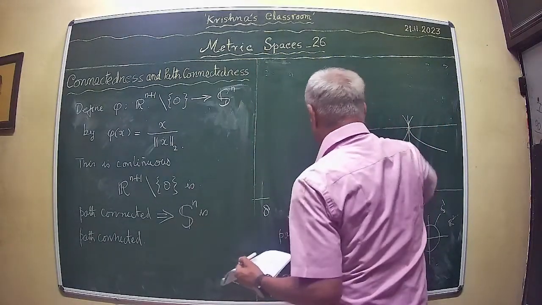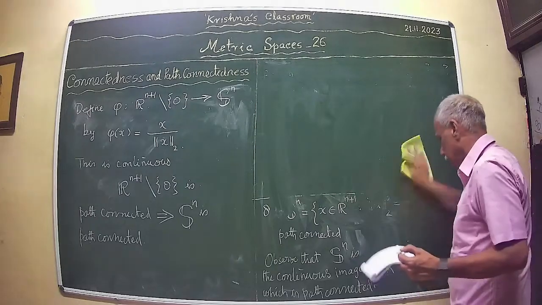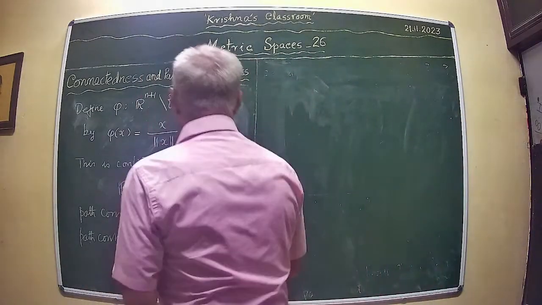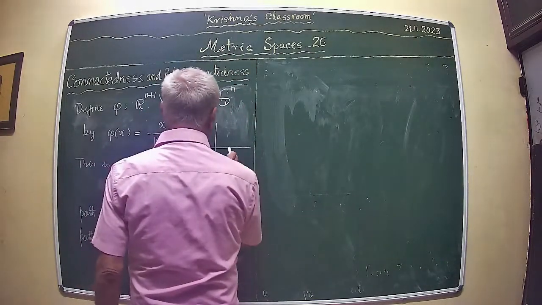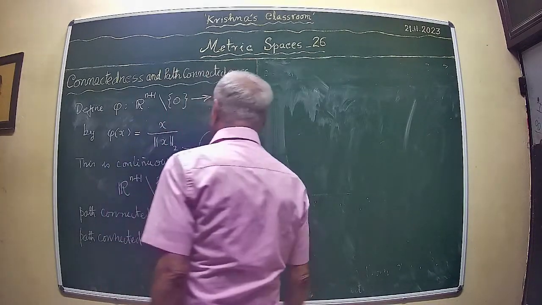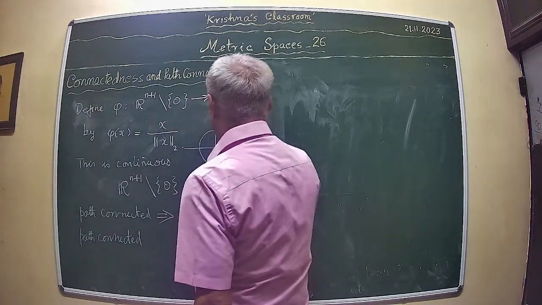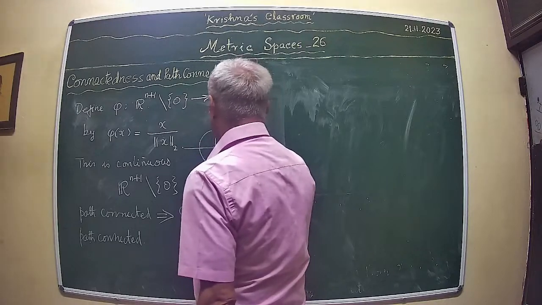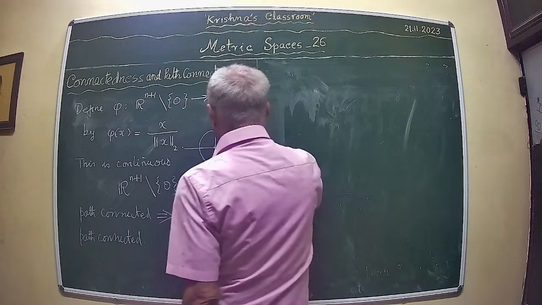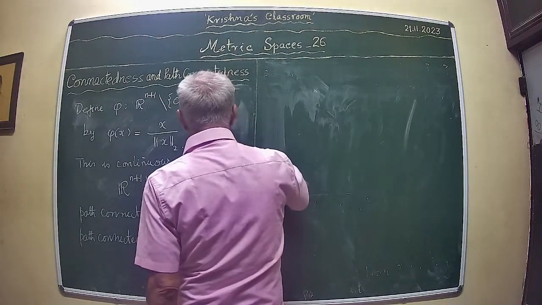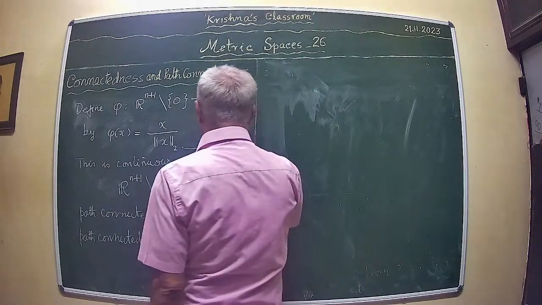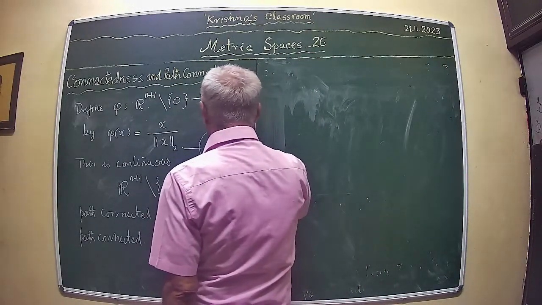See, what is this map? This map is the following. See, in R2, this is the unit circle. This point is not there. So if you take a point X here, draw the radial line. Okay, so you take X divided by norm of X, that will bring it to this.